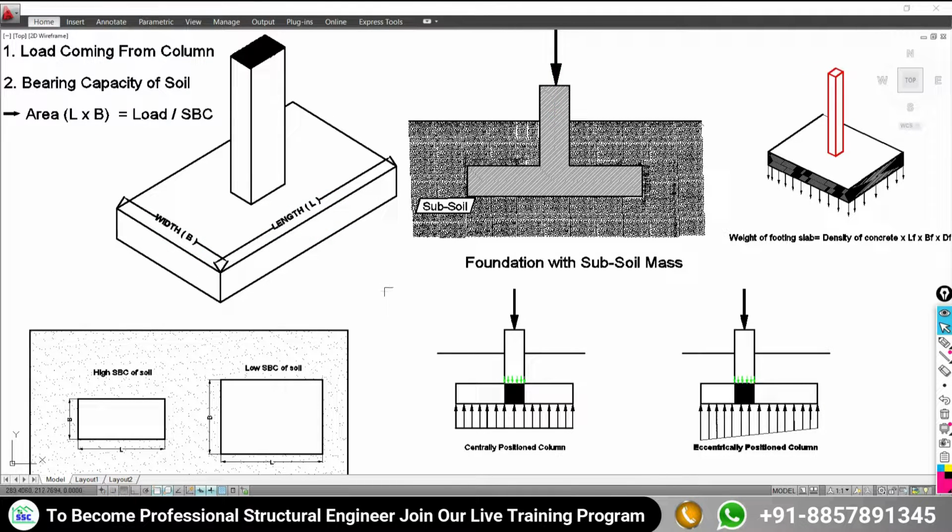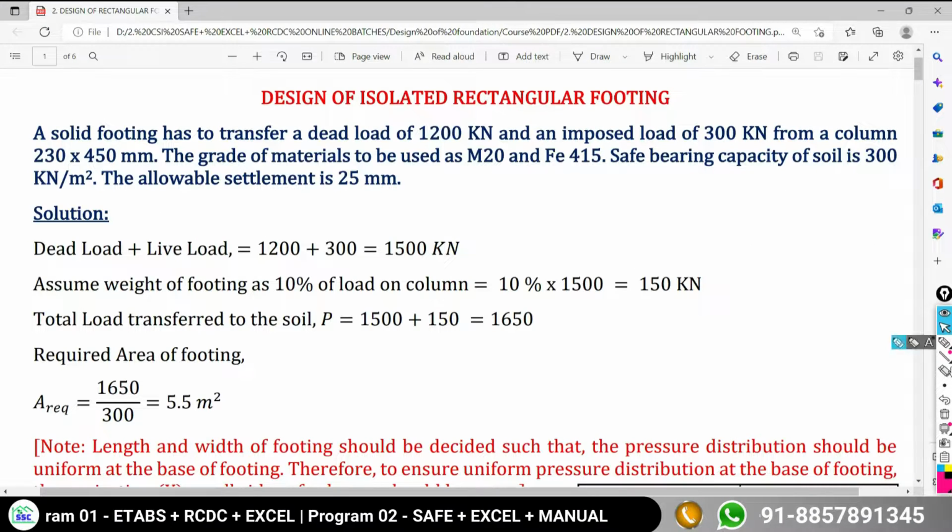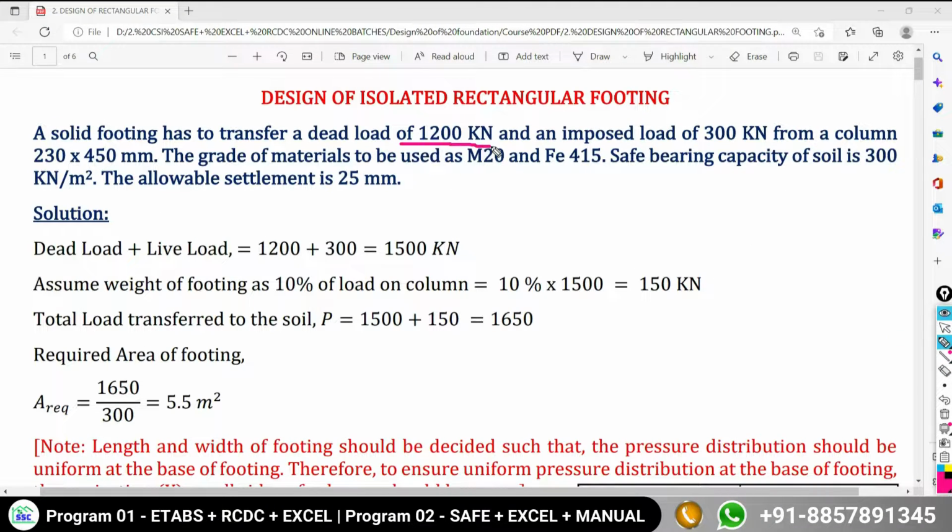Now the same thing we have to consider in our proposed example. Here we are given that the dead load is 1200 kilonewton and the imposed load is 300 kilonewton, and the bearing capacity of the soil is also given. As I told you, there are two important requirements for finding out the in-plan dimension of the footing. One is your load, another one is the SBC of the soil.